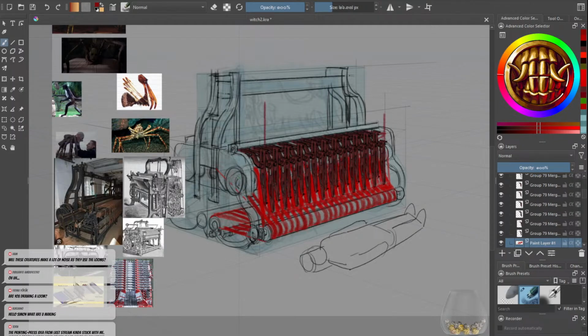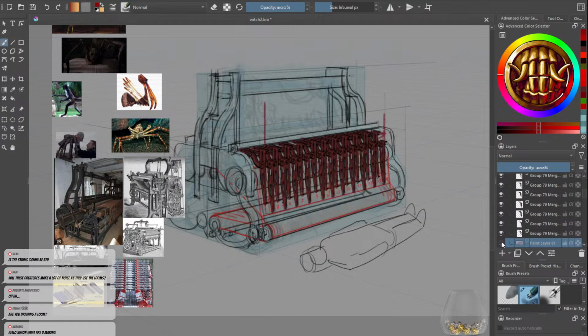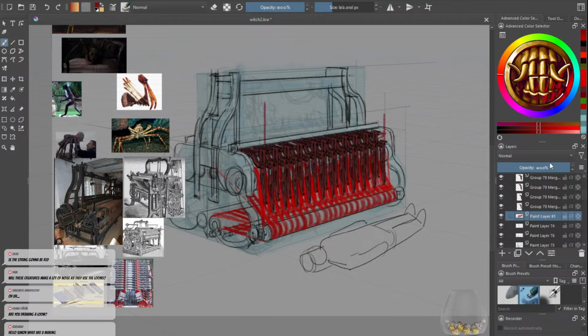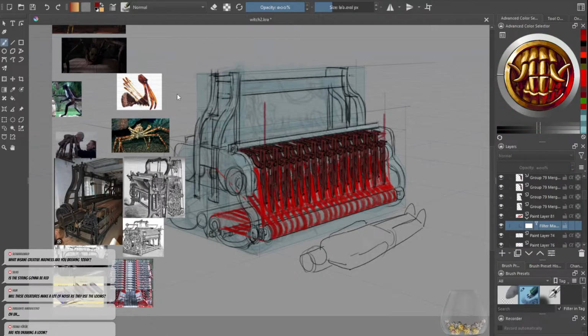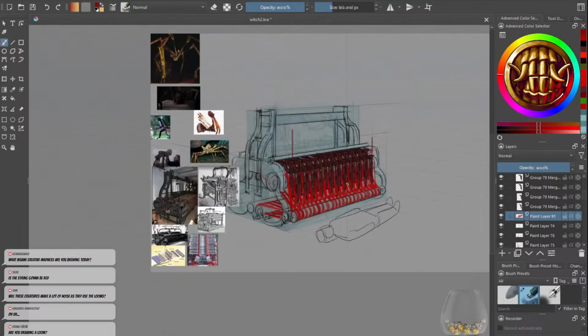Will these creatures make a lot of noise as they use the loom? Is the string going to be red? No, it's just a placeholder color. We can play around with the colors to see how it would affect the blue string, like lower saturation.